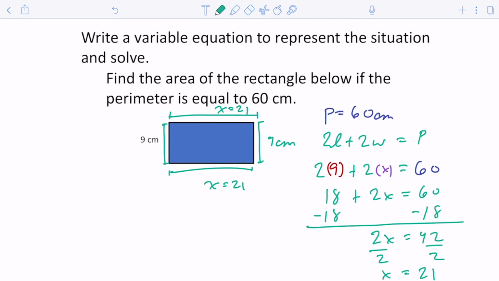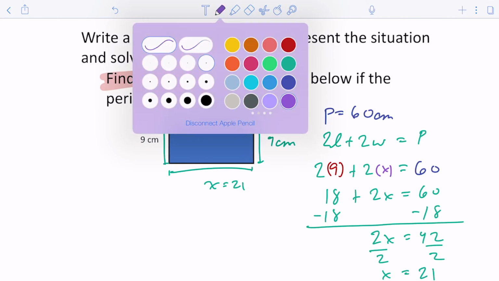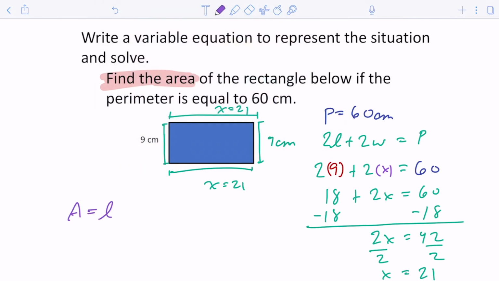So the actual question is asking to find the area. All right, so we're almost there. So to find the area equals length times width for a rectangle. So we're already given the length, which is 9, and we just found out the width, which is 21.